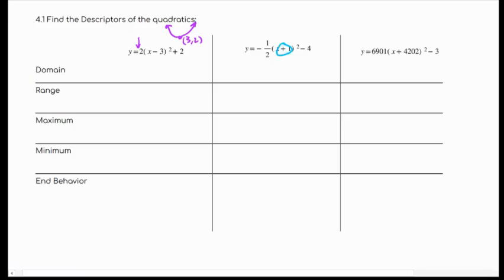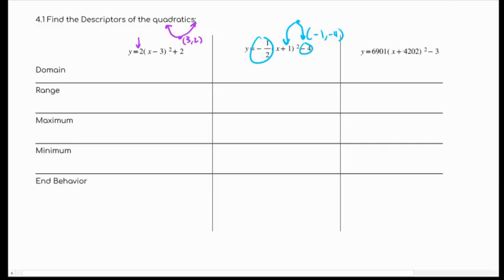Second one also, actually it looks like all of them are in transformation form. So this is moving 1 unit to the left, and this is 4 units down. So my vertex is at (-1, -4), and my a value tells me that it's pointing down.